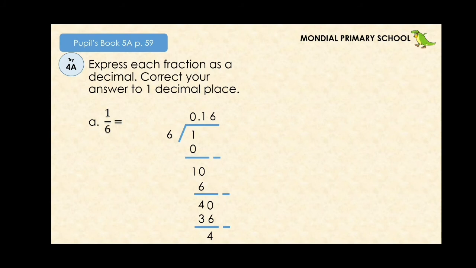We stop dividing the number at 2 decimal places so as to correct the answer to 1 decimal place. So 1 divided by 6 is equal to 0.1.